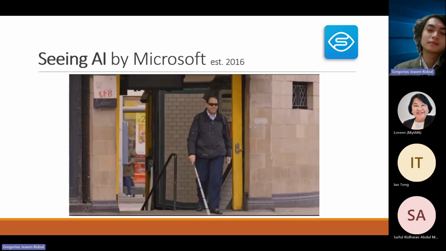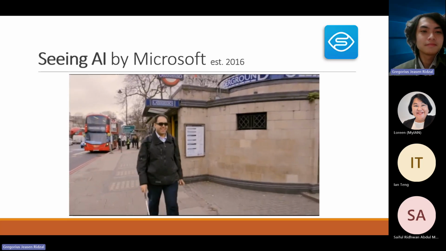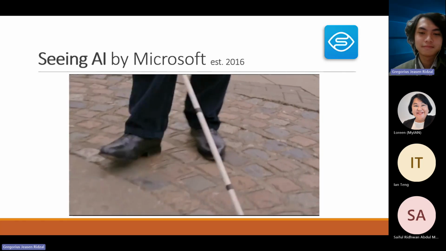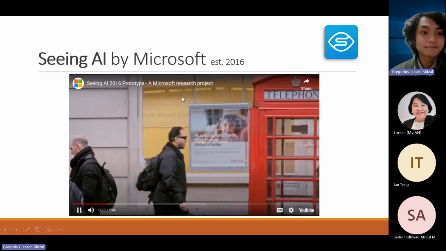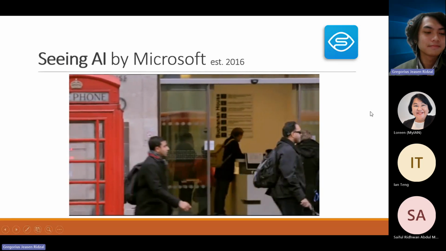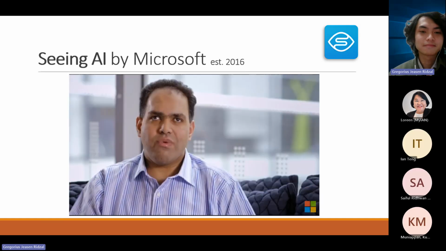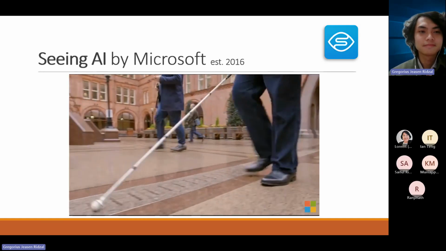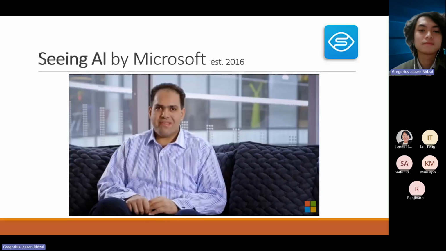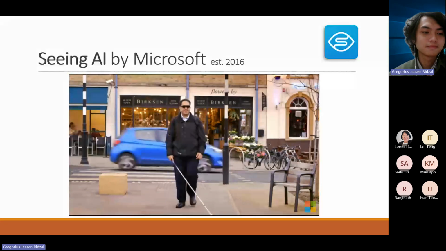I'm Saqib Sheikh. I lost my sight when I was 7, and shortly after that I went to a school for the blind. And that's where I was introduced to talking computers, and that really opened up a whole new world of opportunities. I joined Microsoft 10 years ago as a software engineer. I love making things which improve people's lives. And one of the things I've always dreamt of since I was at university was this idea of something that could tell you at any moment what's going on around you.